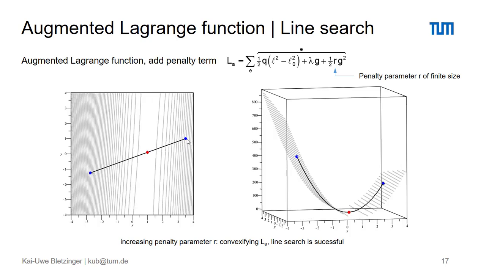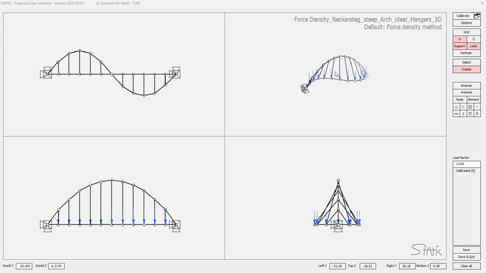And you see as the penalty parameter tends to infinity, the function even seems to become single curved like a cylinder, where it's clearly obvious where the line minimum is. But the nice property of this augmented Lagrange function, where we also have the Lagrange parameter, is that these penalty parameters must not be too large to be successful with this stabilization.